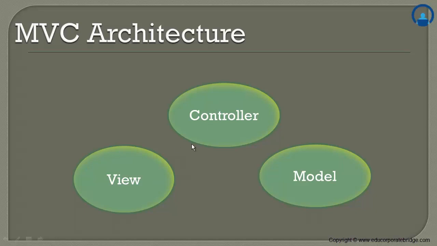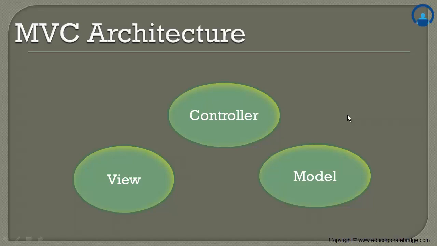And finally, the controller. The controller is at the heart of the MVC architecture. It is responsible for processing the request. It performs operations on the model and selects the view to render to the user. The model is responsible for maintaining and preserving the overall state and consistency of data.